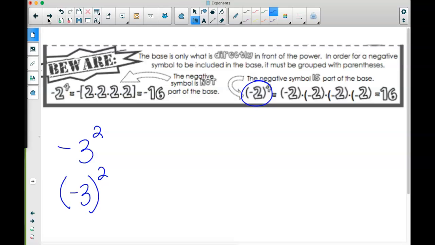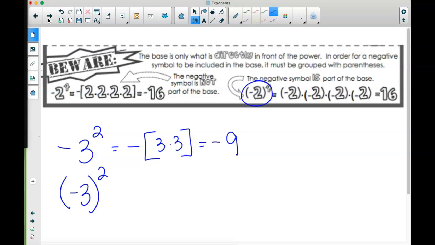Okay? The first one means negative 3 times 3, because we're just doing that 3 two times. So 3 times 3 is 9. Put a negative sign in front of it. Okay?